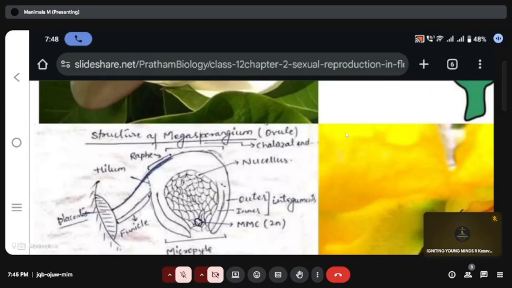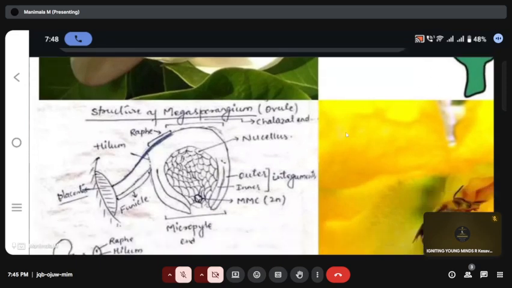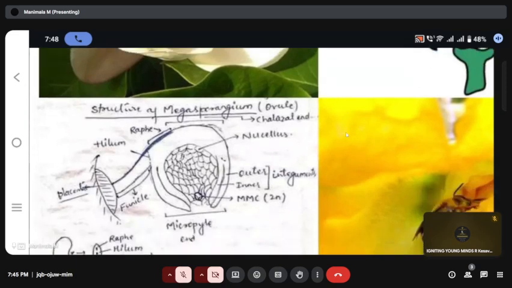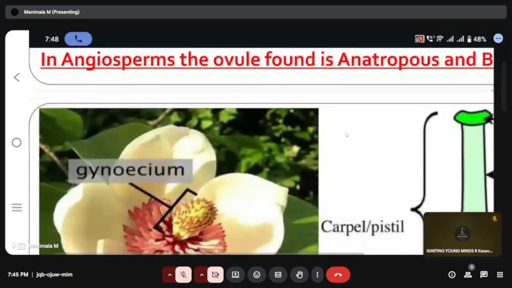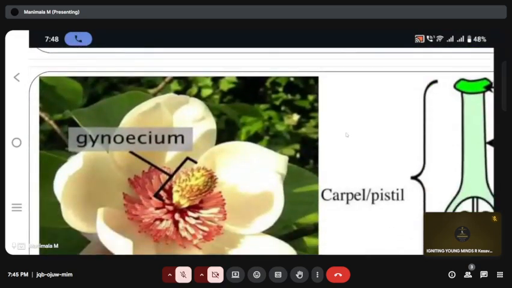The ovules are attached to the placenta.